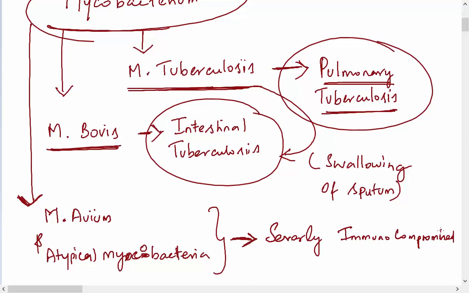So these are the other group of mycobacterium which usually infect a person when he is severely immunocompromised. They can infect the lung or any part of the body.